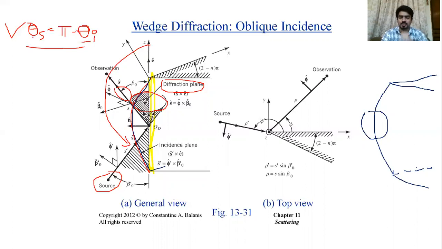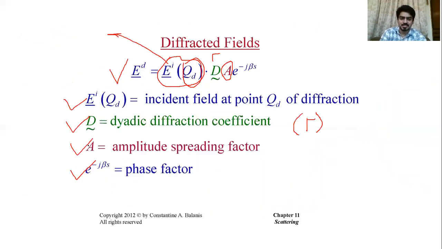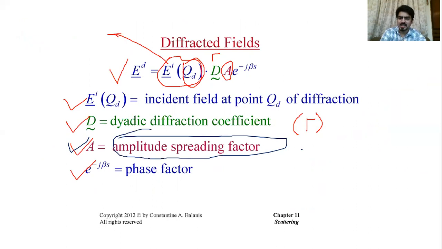You have to incorporate an amplitude spreading factor, that is given by this A, correct? Now that is based on the geometry, whether you have a curved edge or a straight edge. But even if you have a straight edge, your amplitude spreading factor can also depend on the type of source you are having.